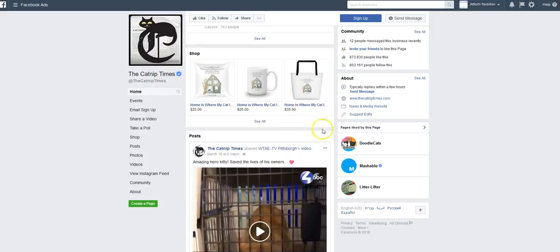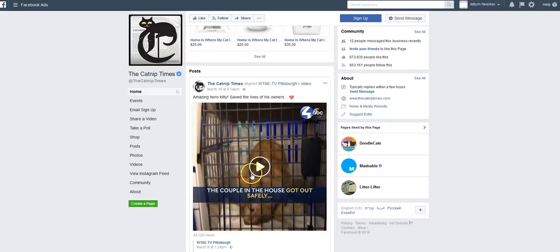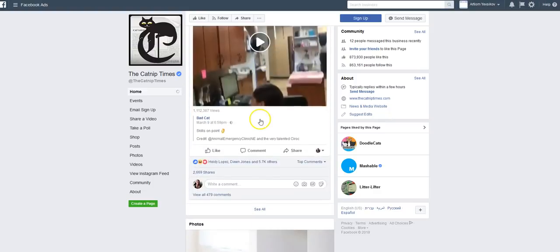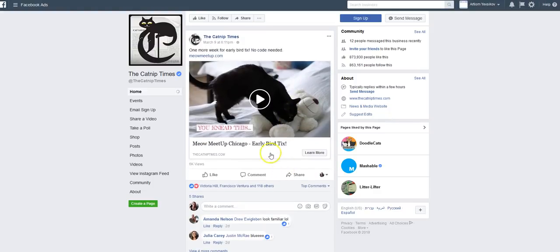What kind of engagement do they get? So they have engagement. That's great. This means people are actively listening and checking out this page and engaging with it. This means that if you target this interest, this will obviously be relevant to those people. Amazing Hello Kitty saved the lives of many owners. So we got their colors, photos.